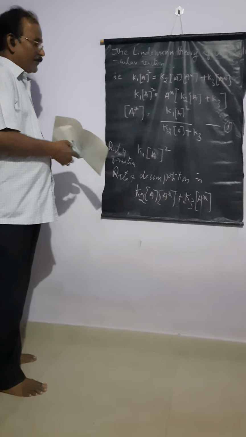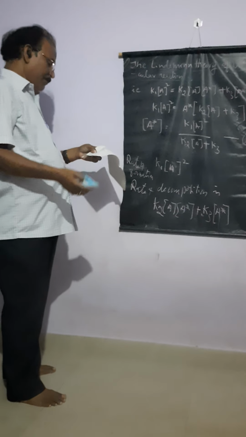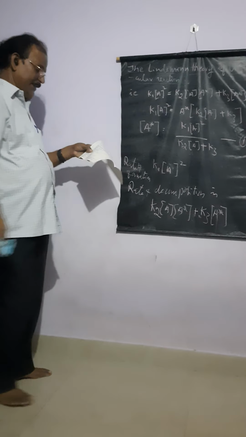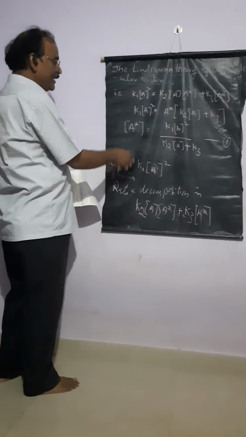Now, the rate of the reaction is given by dA by dt is equal to K3 into A star.